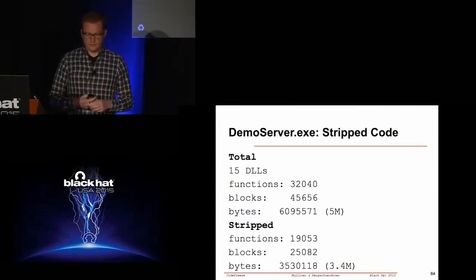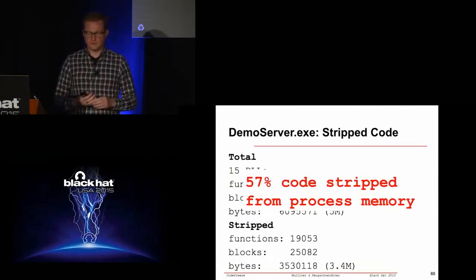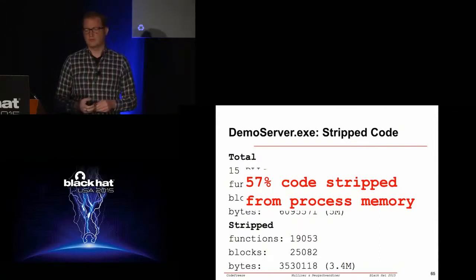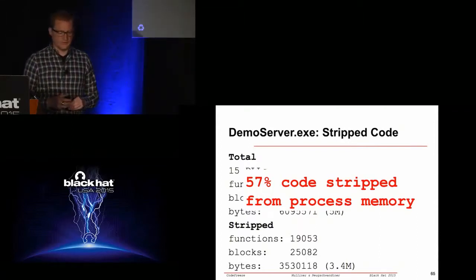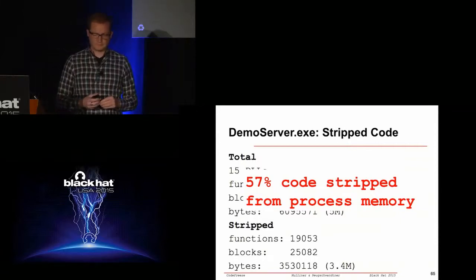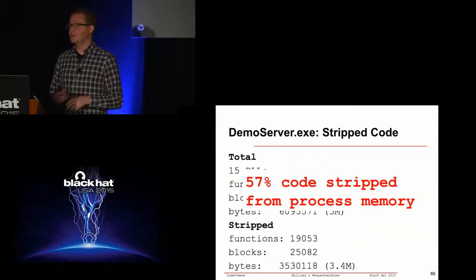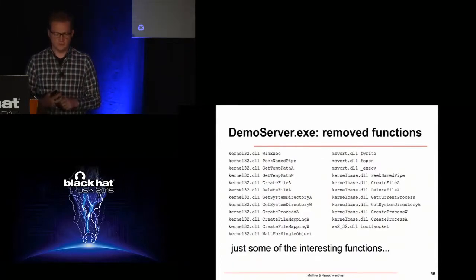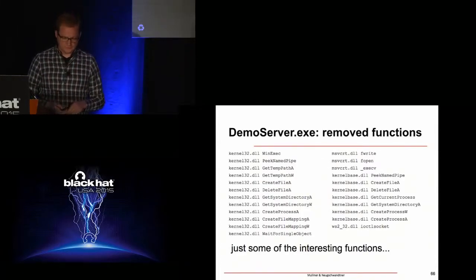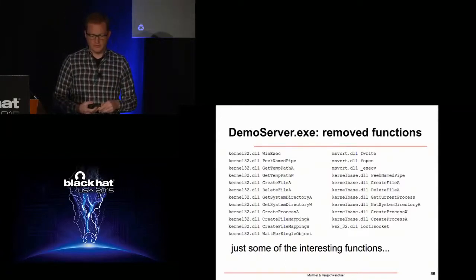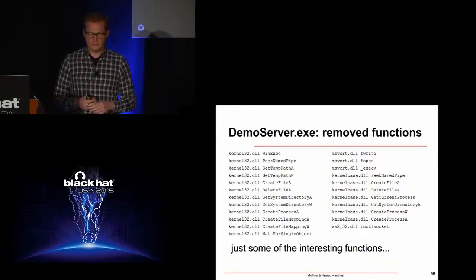And below we have the stats of what we stripped. In this case we stripped 3.4 megabytes, which is 57% of all the code in the DLLs loaded into this application. And here is an overview of some of the more interesting functions that were stripped.